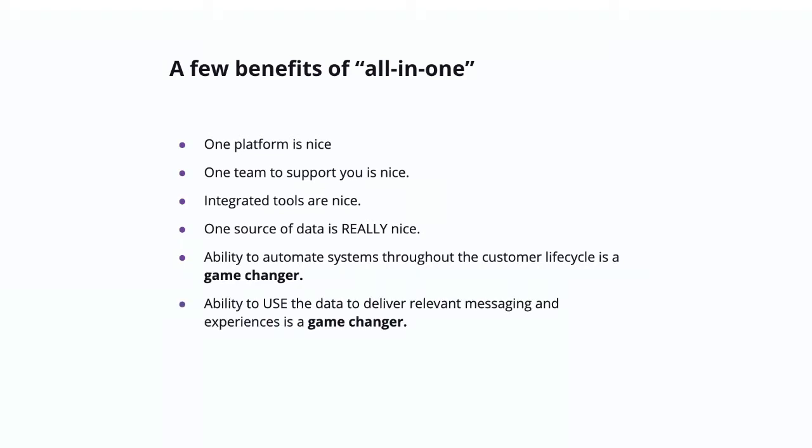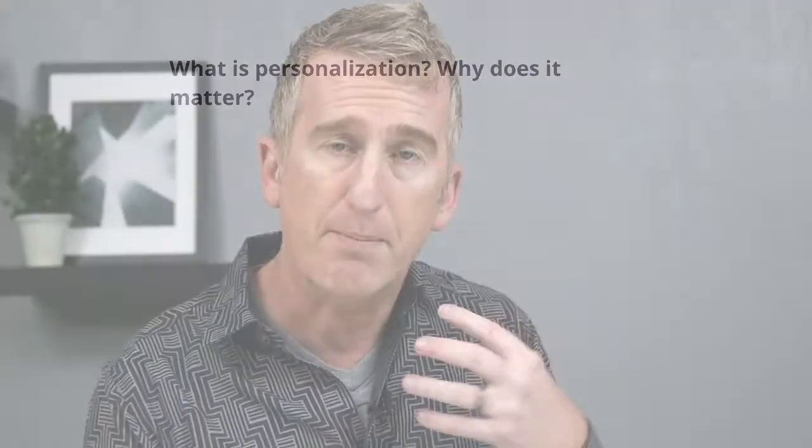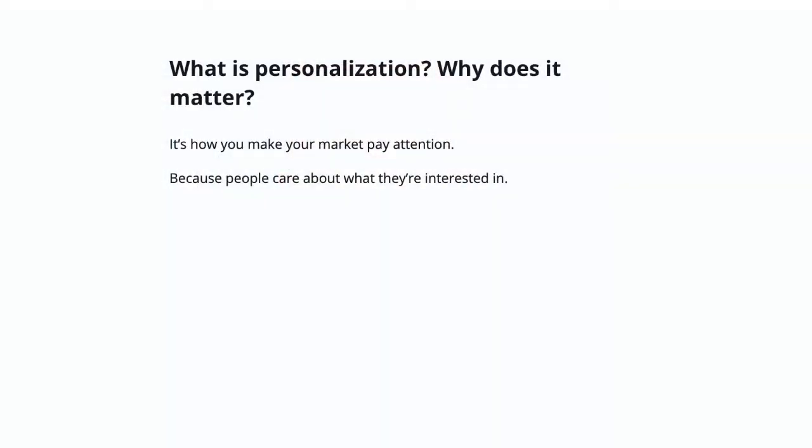And the subject of today is the ability to use the data that you've got to deliver relevant messaging and experiences to your customers throughout that life cycle, which is an absolute game changer. It's crucial to be able to personalize the experiences and communications that you're delivering to the marketplace, because why? It's how you make the market pay attention. People are only interested in what they're interested in, right? They're interested in their own problems. They're interested in what they care about, not what you care to sell them.